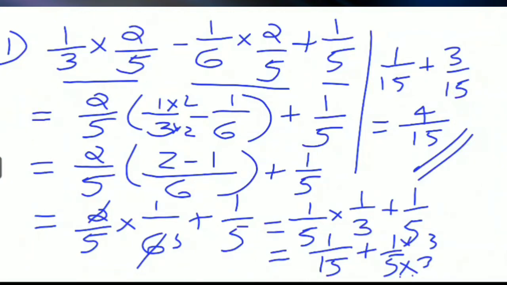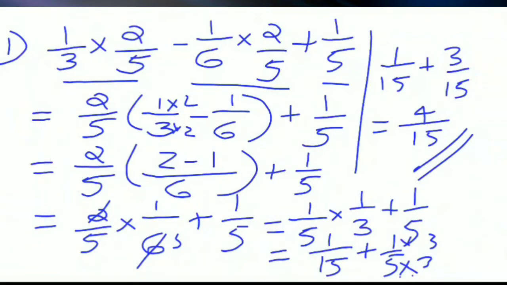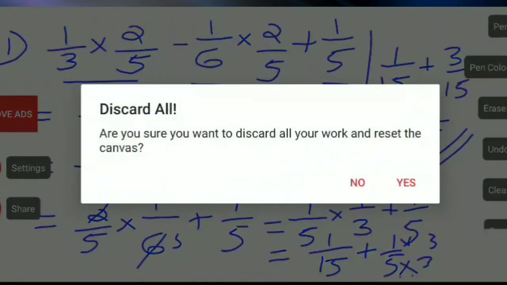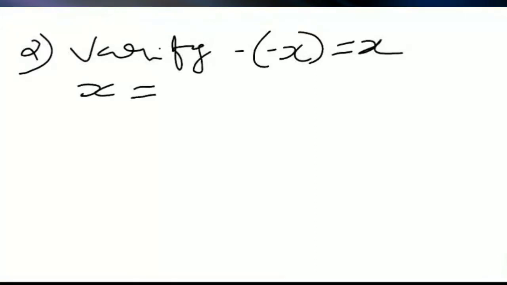Now what about the next question? The second question was: verify −(−x) = x in the case of x = 17. Let us check how to do it.